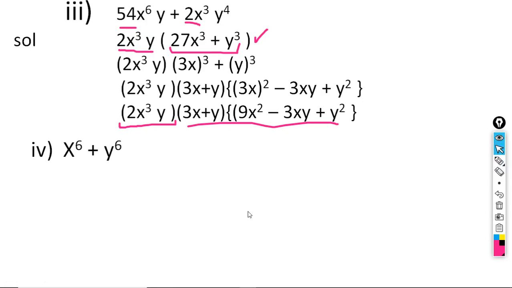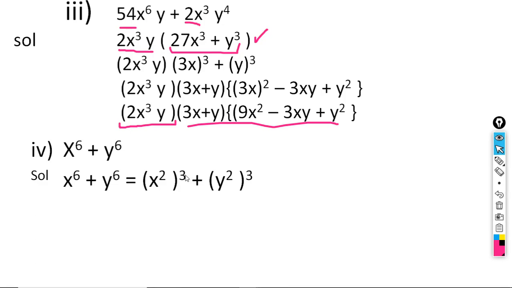This is the next problem. We have x6 plus y raised to power 6. In this problem you will use identity a cube plus b cube, but before that express the question in standard form. So you will express this as x square whole cube plus y square whole cube.